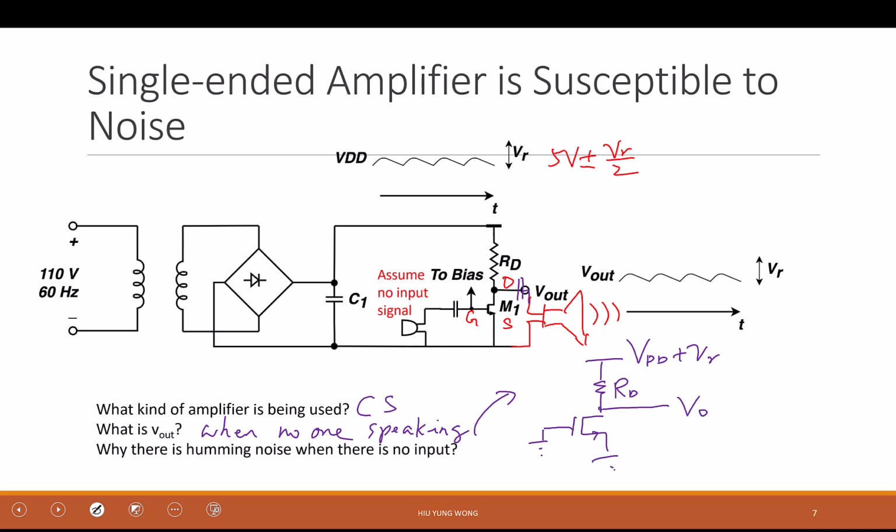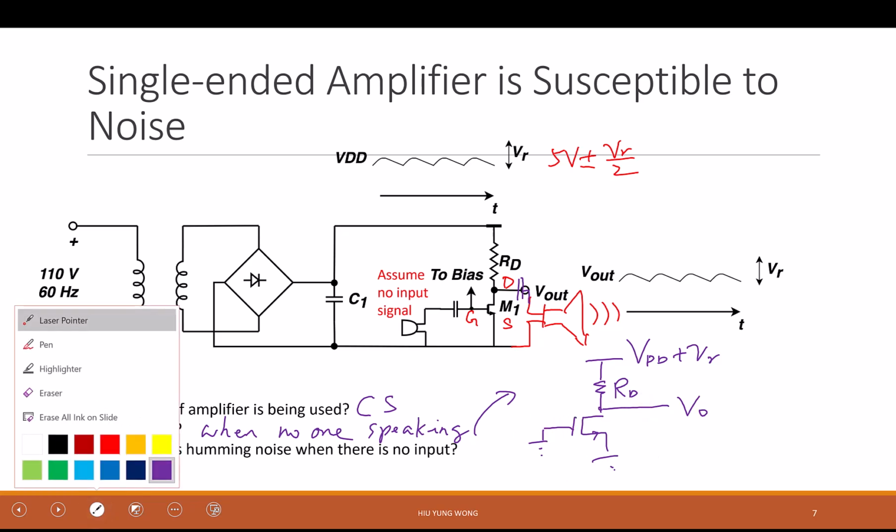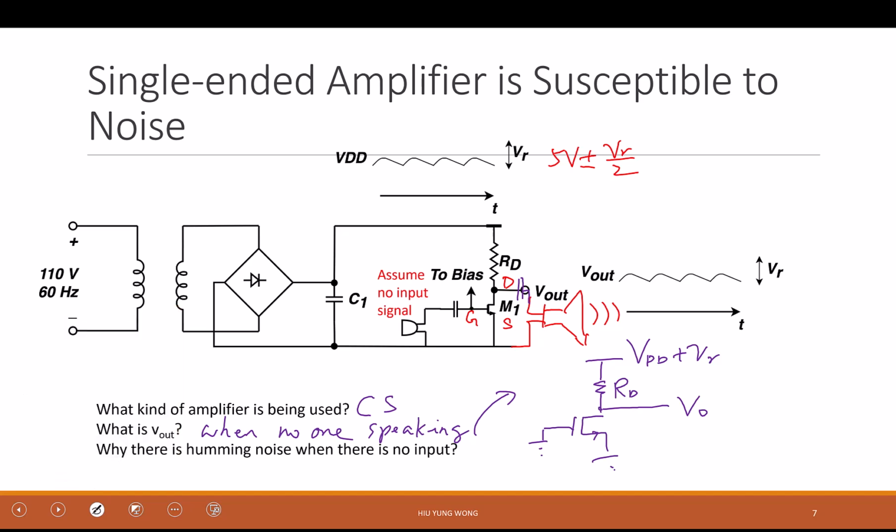Now, if no one talks, I expect 0 input should give me 0 output. Okay? But unfortunately, that is not the case, because this one is just equal to VR at AC. Now, VDD is DC bias, so it doesn't change at AC. But because of this ripple, it's just like I have a signal on the VDD.